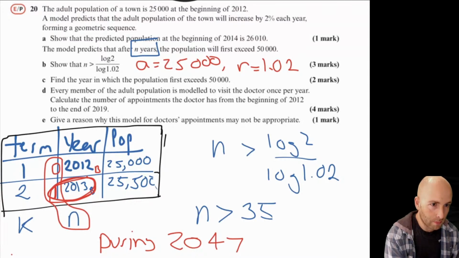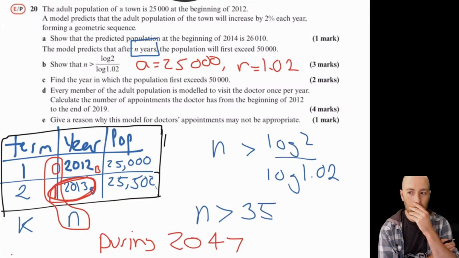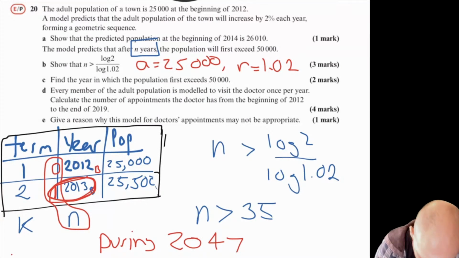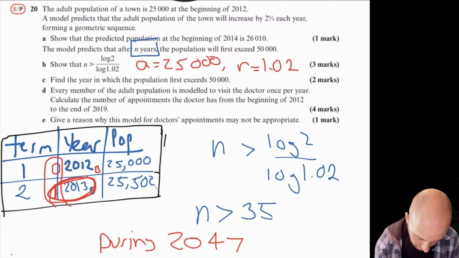George's got 2047. Lucy's got 2047. Yeah, it is 2047. So just be careful with your linking them up. I think you guys used a bad link between what n was and what the year was. So be really careful with the table when you do this. Okay, so I'm going to get rid of this now.